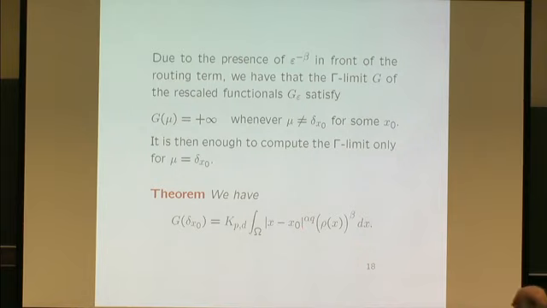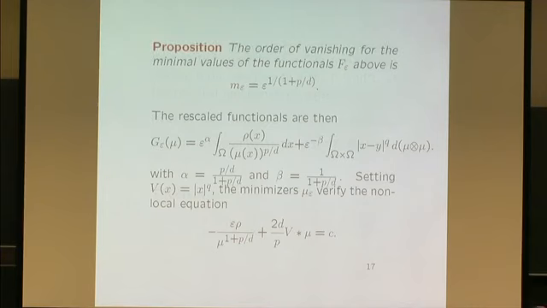So if you minimize this limit cost, this gives you the best location of the main hub. And then you spread the rest of your density according to this equation.